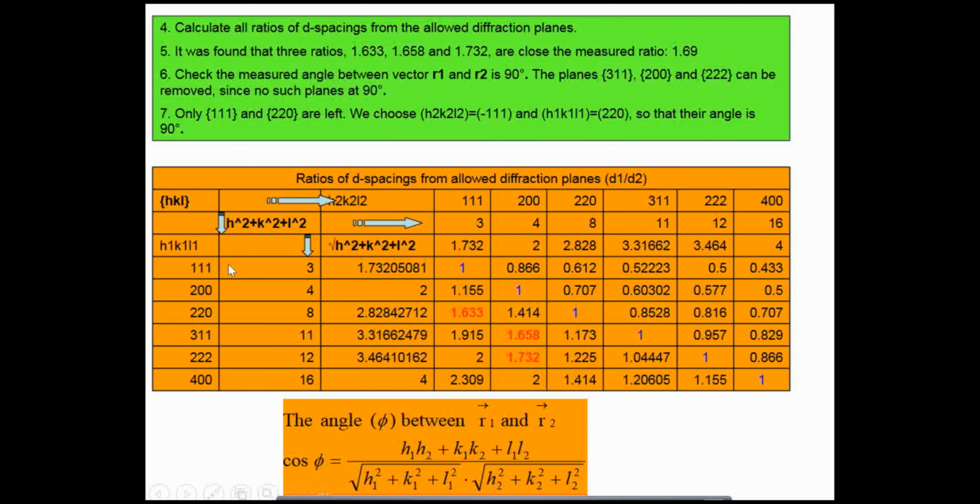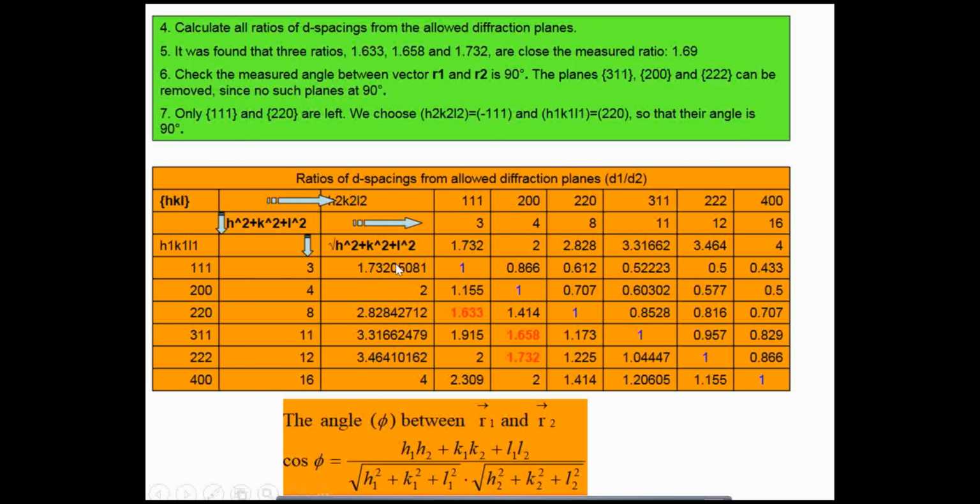H1 K1 L1 we will write: 111, 200, 220, 311, all the possible Miller indices following the selection rule for FCC. And then we have found the under root h square plus k square plus l square value. So for 111 it is under root 3, for 200 it is 2, and like that we have found these values.